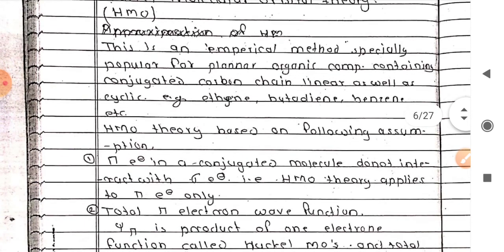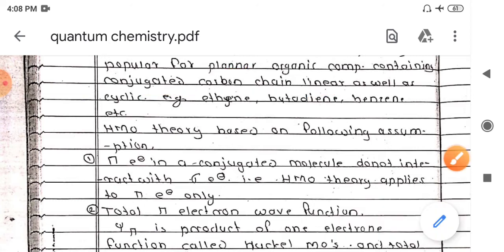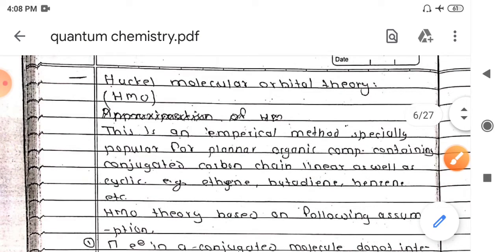This is an empirical method which is used for planar organic compounds containing a conjugated carbon chain, which may be linear as well as cyclic. So this HMO theory is applicable for both cyclic as well as linear compounds, but the main condition is that it should have a conjugated system of pi electrons.